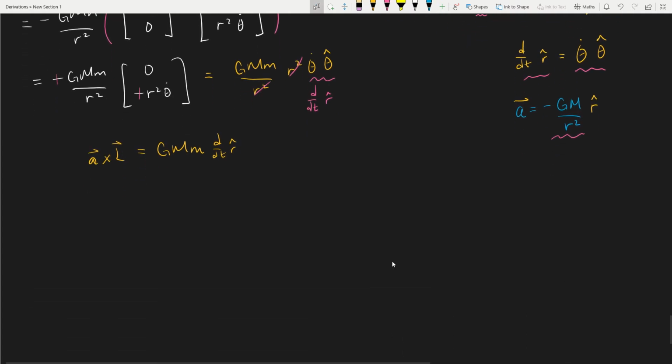We can rewrite A as d by dt of V, and then that's crossed with L. And then let's bring the constants inside the differentiation, which seems bizarre, but it'll help us visualize it. So we can actually pull this d by dt out on the left, d by dt of V cross L.